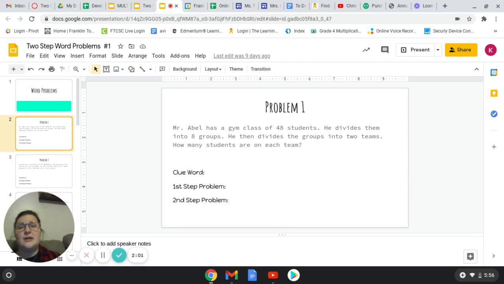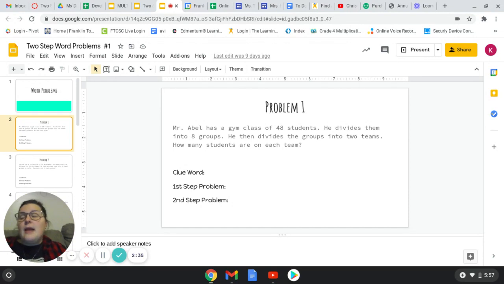And I know I've talked about that a lot, and I noticed that some of you aren't using that strategy, which is okay. But the reason I like the CUBES strategy is because it helps me identify what I'm going to work with. The problems I've given you for these couple examples give you the exact number of numbers that we're going to use.